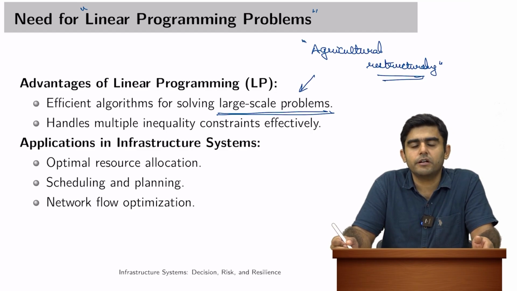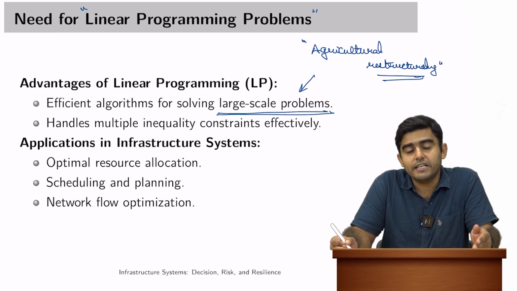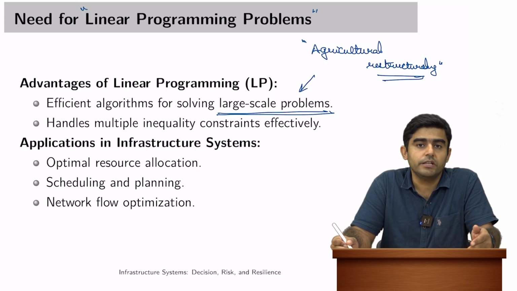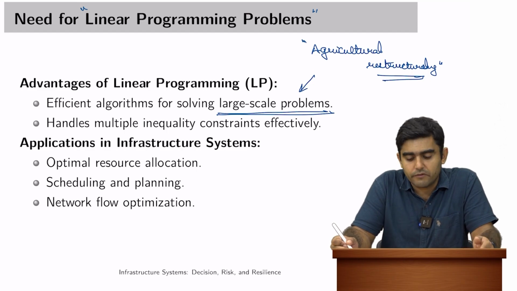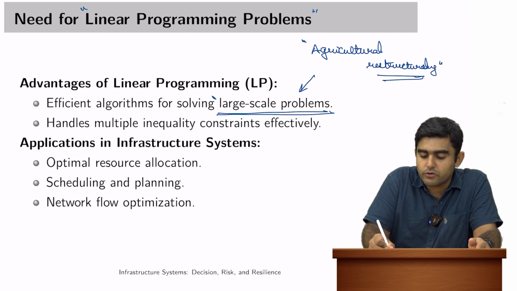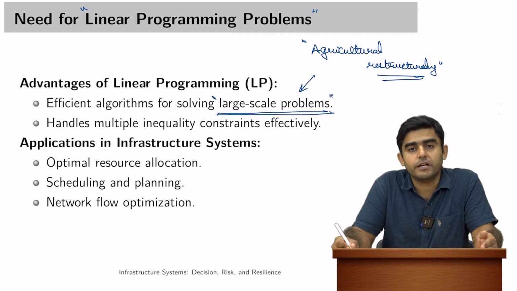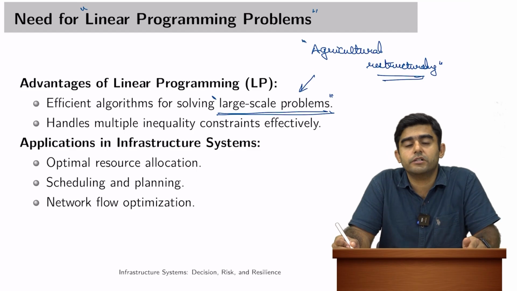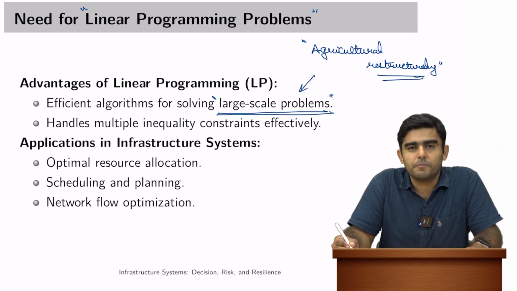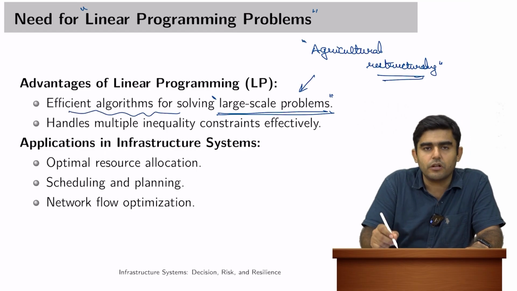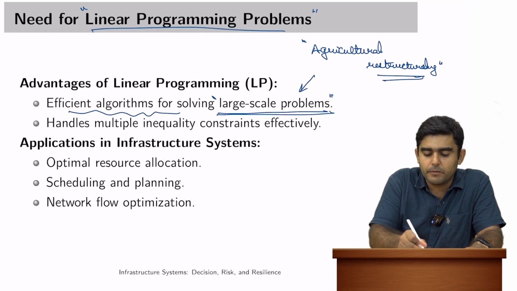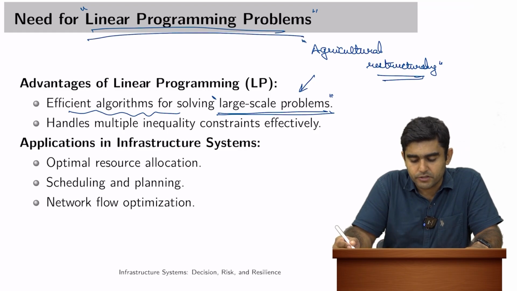Now, if we talk about a country of the size of India, we may be dealing with 500 plus districts, and at each district we may have to deal with various constraints. There may be constraints on yield, on farmer income, on water availability. So these would constitute large scale problems, and we would end up with a few 10,000s of constraints in our optimization framework, and that is where we need efficient algorithms, where linear programming approaches come into the picture.